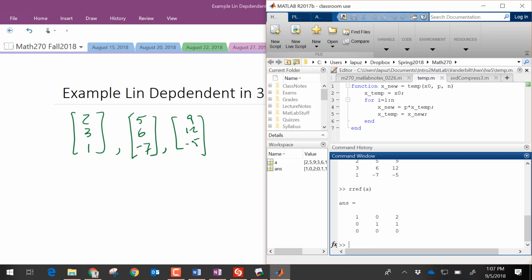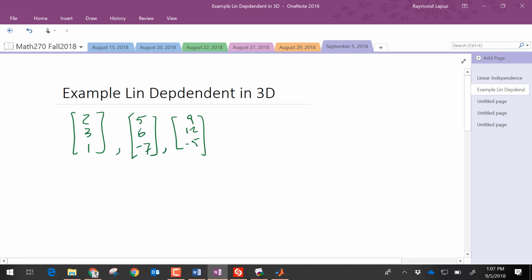Okay, so this looks like it made the whole bottom row disappear. So that means I'll have a free variable here. So let's pretend that we didn't know that, and this is our example.